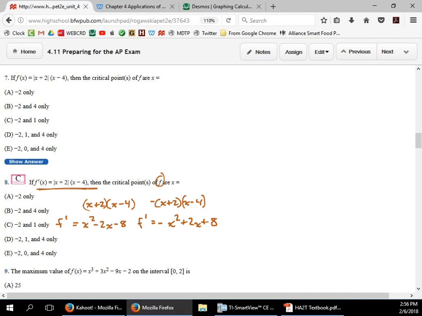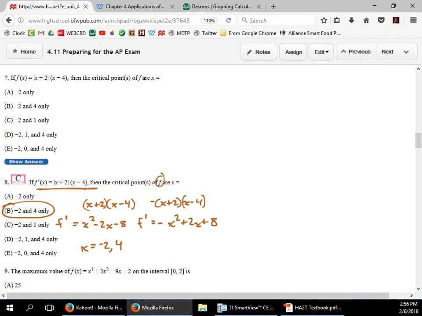If we factor this, which we already got up here, and set that equal to 0, we get x equals negative 2 and positive 4. Over here, we would get the same thing. You would still get negative 2 and 4 if you set that equal to 0 and solve. So that means negative 2 and 4 are where your critical values are for f.